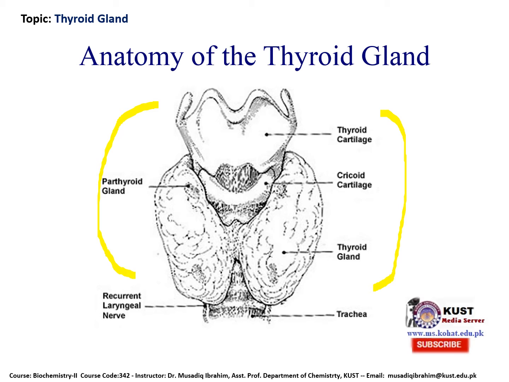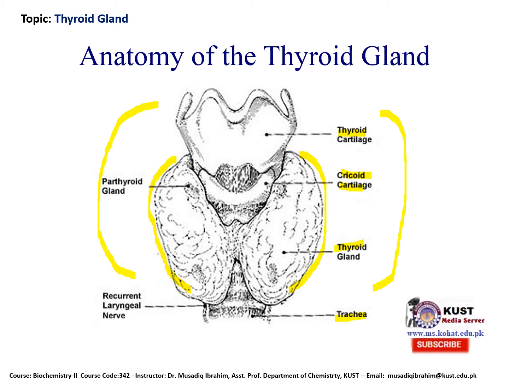Now this is the thyroid cartilage, and this is the cricoid cartilage around which the thyroid gland is present on both sides. And this is the thyroid gland.